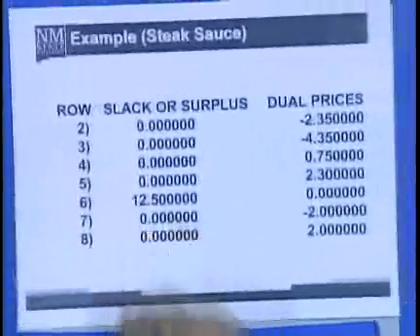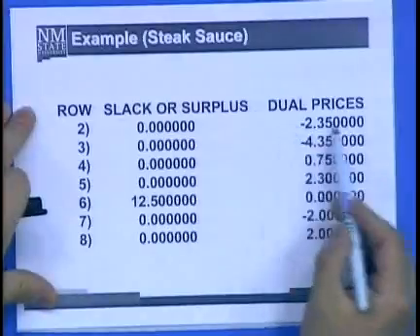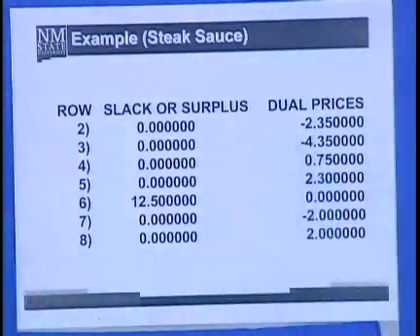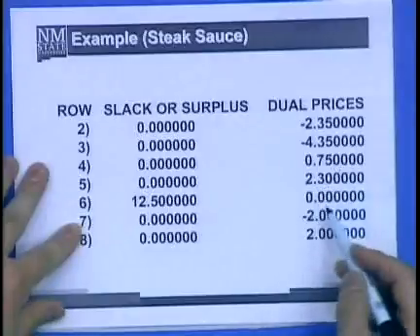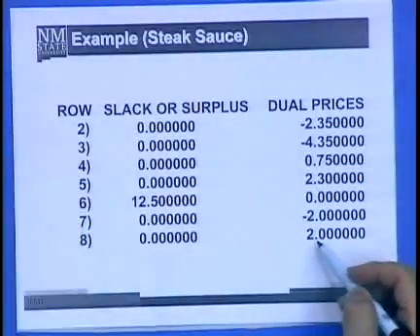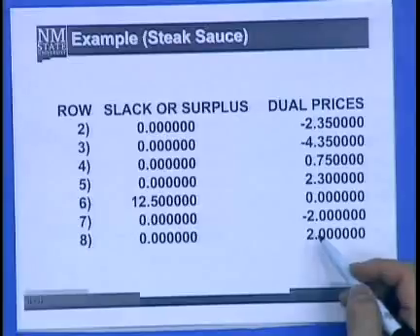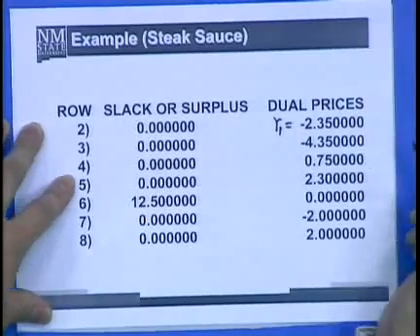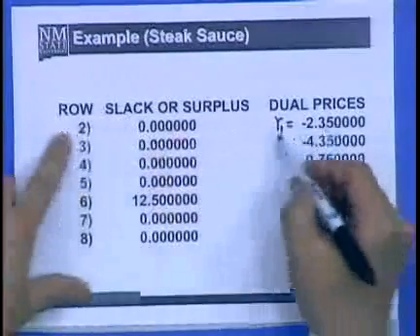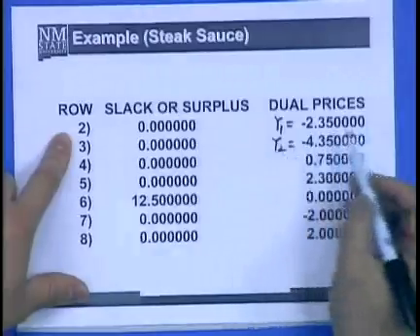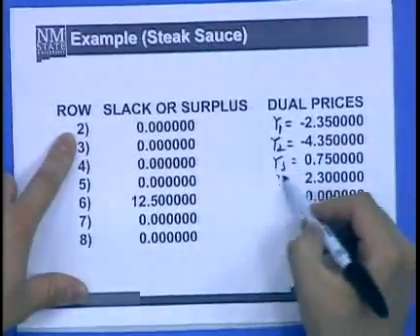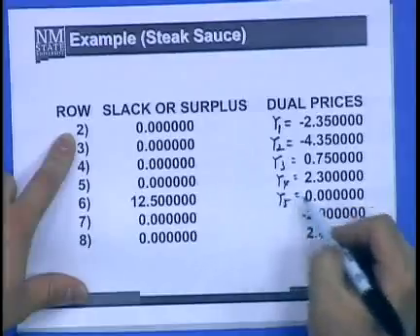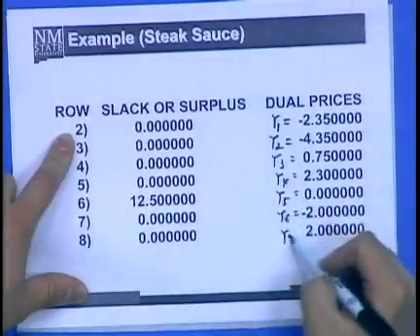And currently, the dual prices are negative 2.35, negative 4.35, 0.75, 2.3, 0, negative 2, and 2. Which means in the dual problem, the y1 value should be the first dual price, y2 should be equal to this, then y3, y4, y5, y6, and y7.